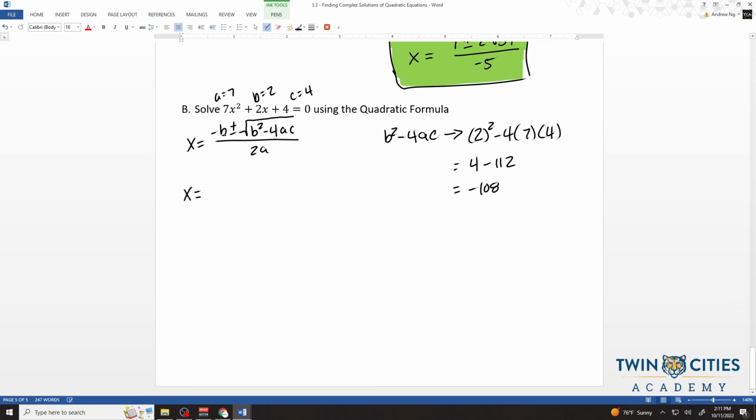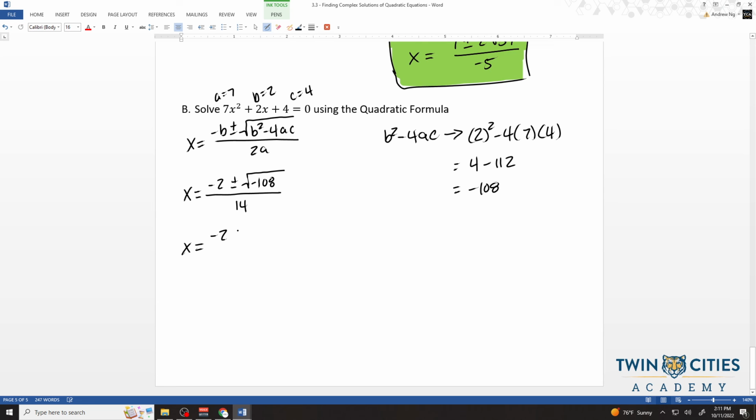X equals negative b is 2. So negative 2 plus or minus the square root of negative 108. I've already found this. Over 2 times a. A is 7, so 2 times 7 is going to be 14. X equals, let's break up this negative 108 here.